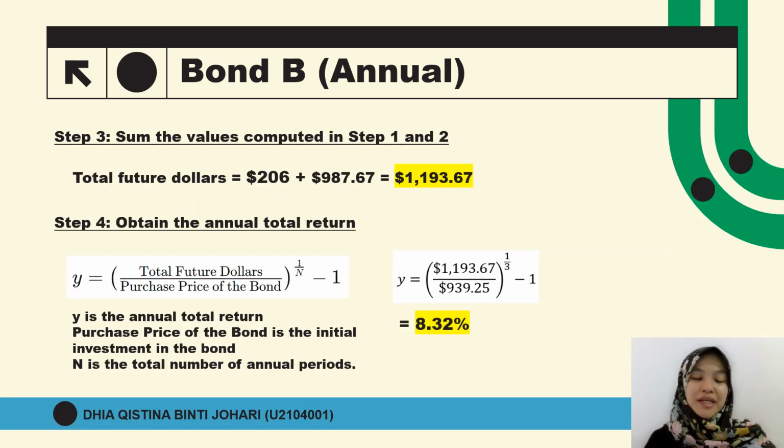So for step 3, just add the values computed in step 1 and step 2 and it results to $1,193.67. And in step 4, we need to obtain the annual total return using the formula. We jot down all of the data and it results to 8.32%.